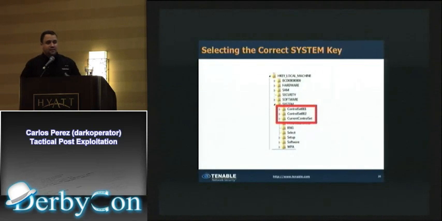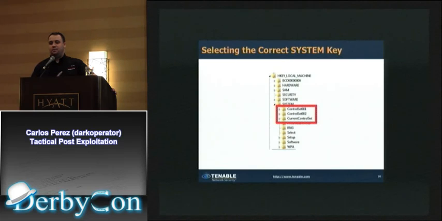Another problem that I see many times is people hard coding ControlSet001 or ControlSet002 in their scripts or tools to get information out of the System key under HKLM. The problem is that that key gets created on boot up, and that key changes.